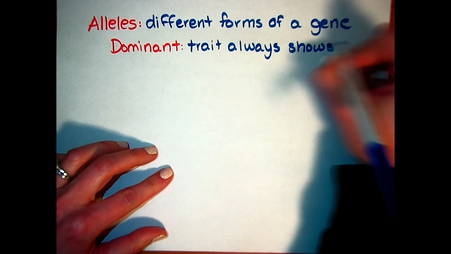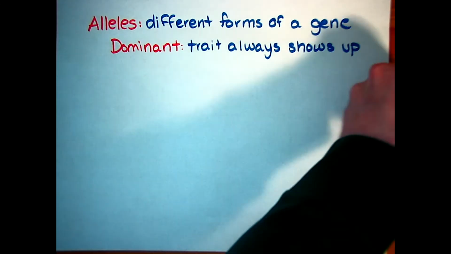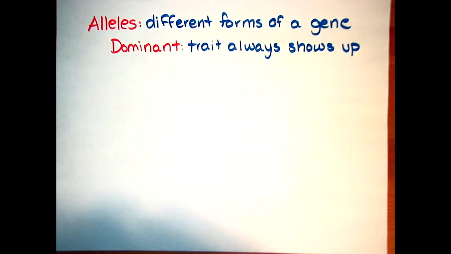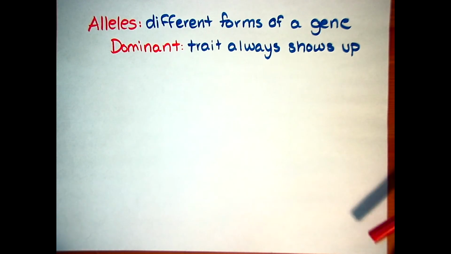And this is just specifically talking about simple inheritance. We're not talking here, there's a lot of complexity to this. We're starting out simple with what's called Mendelian inheritance. So when you have a dominant allele, this is the allele that's like the more powerful allele. This is the allele you're going to see when you combine things. You'll only see this allele.